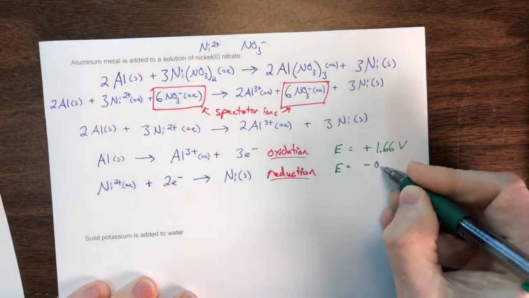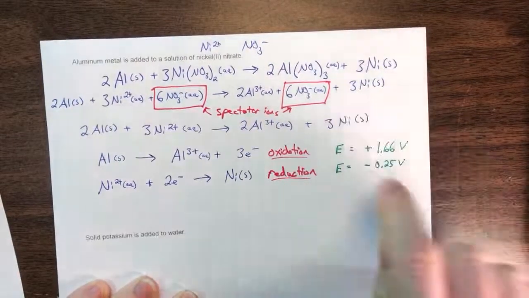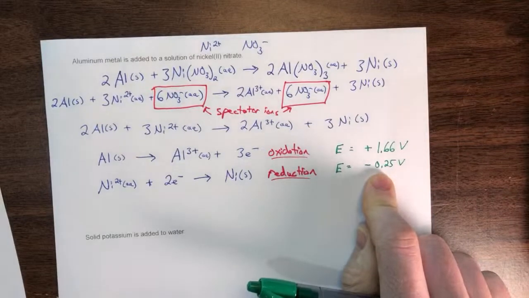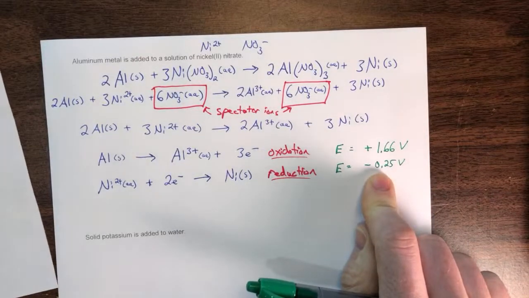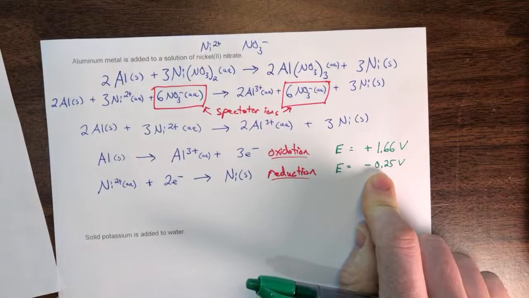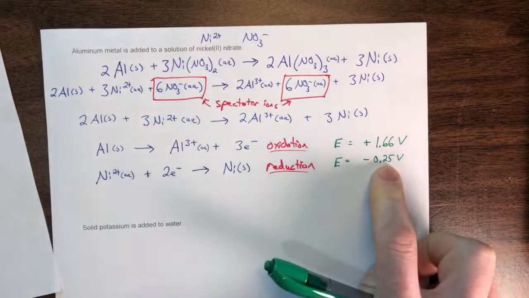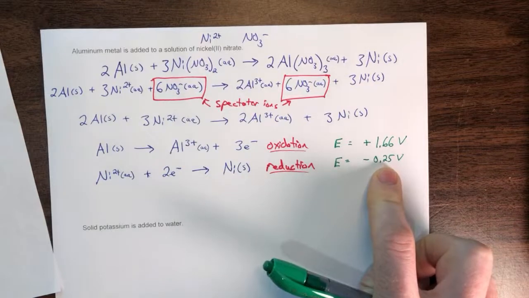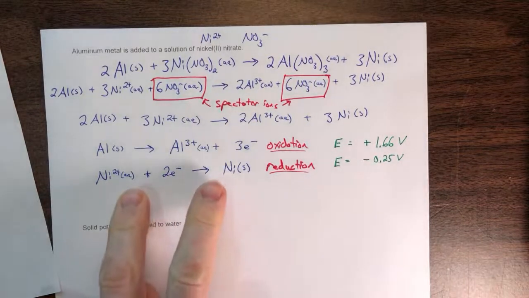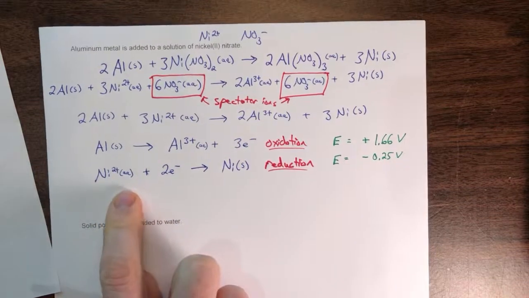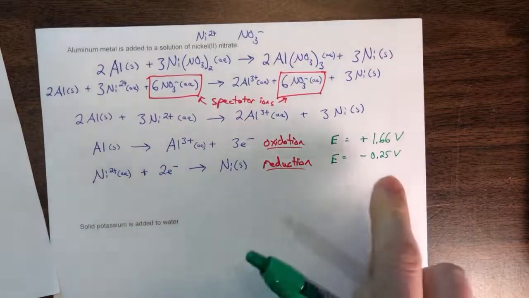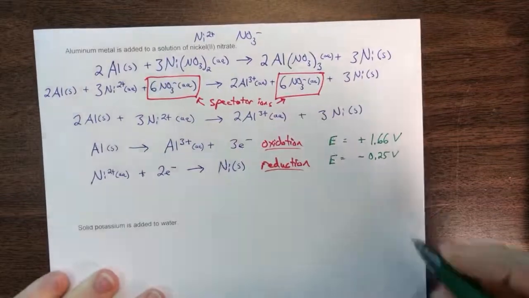Do we turn this negative into a positive? The answer is no. It remains negative 0.25 volts because we didn't flip the reaction. We don't always flip negatives. We only flip it if the reaction itself is flipped. In this case, we are reducing nickel, so it should be negative 0.25 volts.